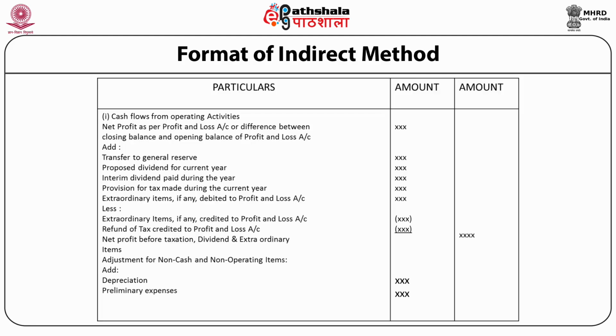We'll write this amount in the outer column of the amount. Now next, we'll do adjustment for non-cash and non-operating items.